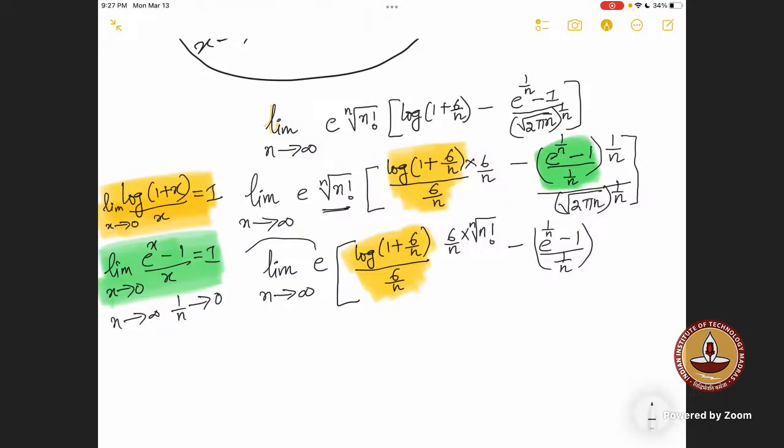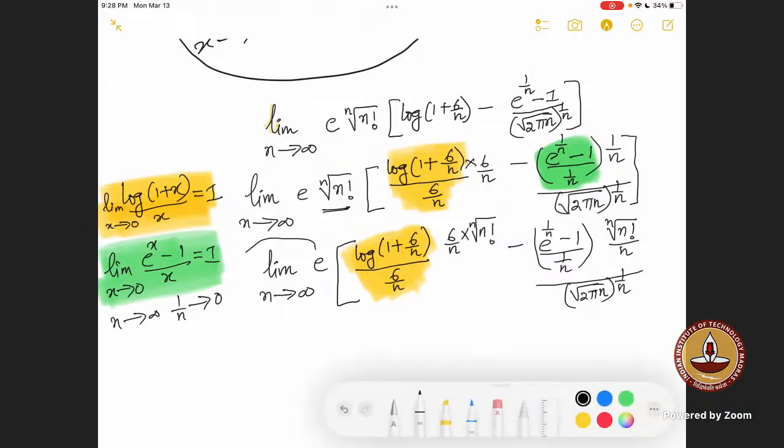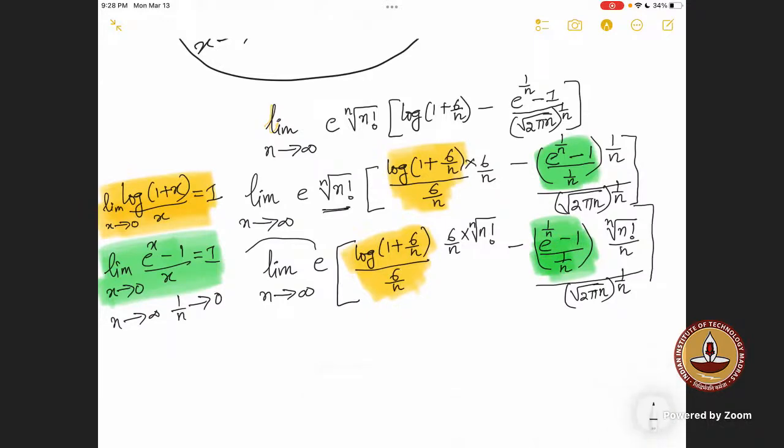So here also it will be nth root of n factorial by n, and the other one is root 2 pi n, root 2 pi n whole power 1 by n, right? Till this point, is it clear for everyone?